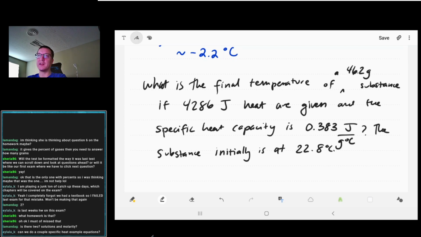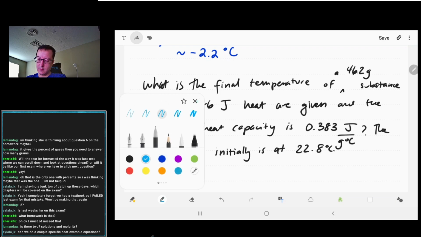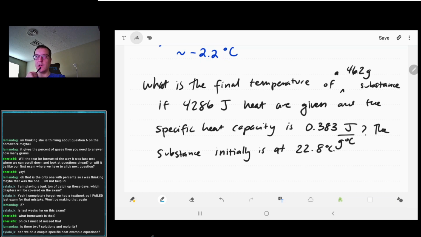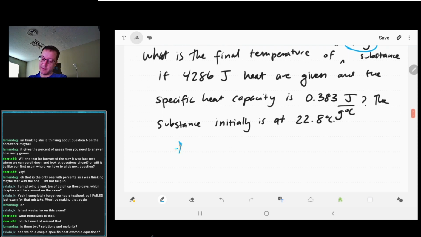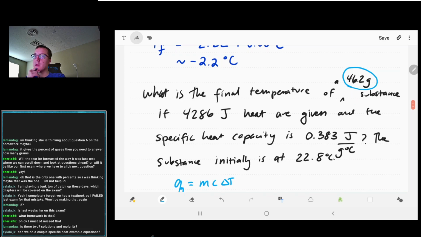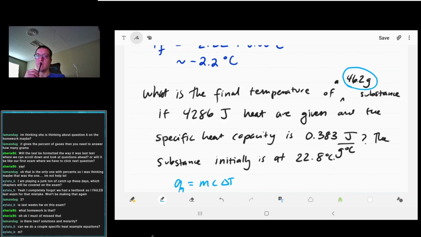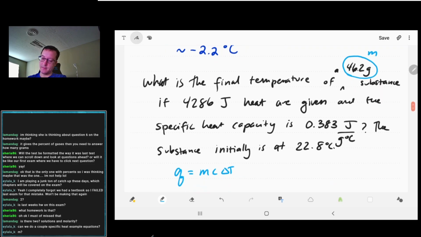Okay, we're given a specific heat capacity and an initial temperature. So, which letter is this one going to be for our formula? Which letter does this one correspond with? That's M. What's this one?